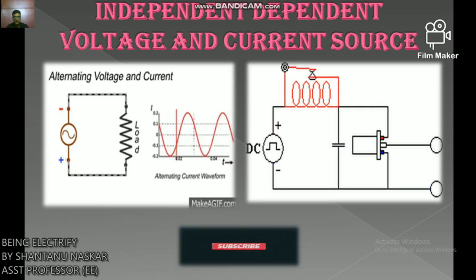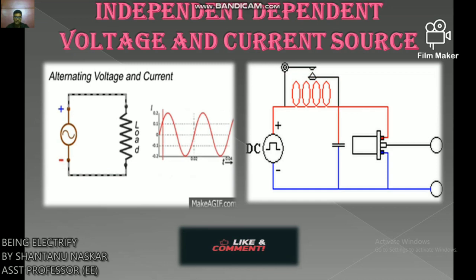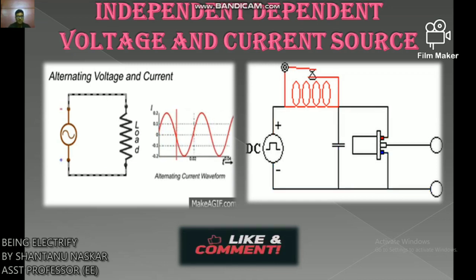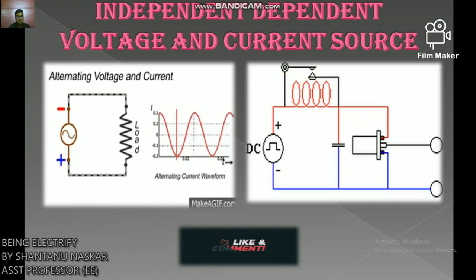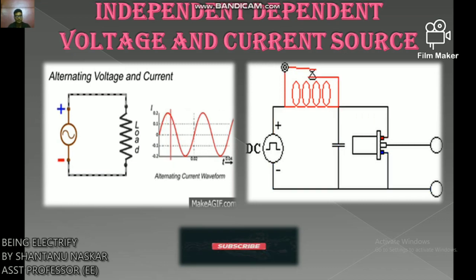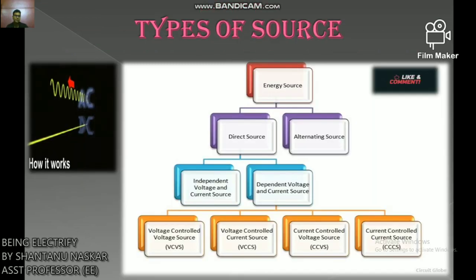Independent and dependent source means whether the voltage or current source is depending upon some other source or is acting independently. Okay, so these are the types of source.